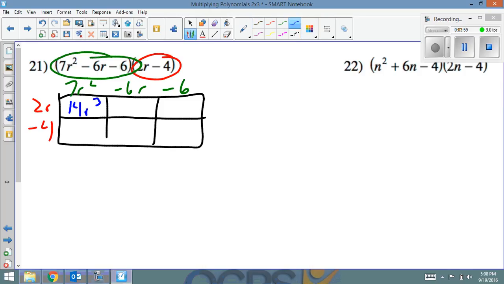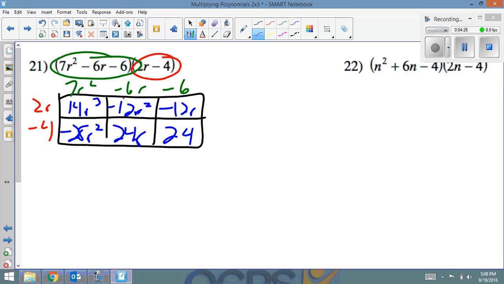Then it's 2r times negative 6r, which is negative 12r squared. Then it's 2r times negative 6, which is negative 12r. This bottom box, it's going to be negative 4 times 7r squared, which is negative 28r squared. Then it's negative 4 times negative 6r, which is 24r. And then it's negative 4 times negative 6, which is positive 24.